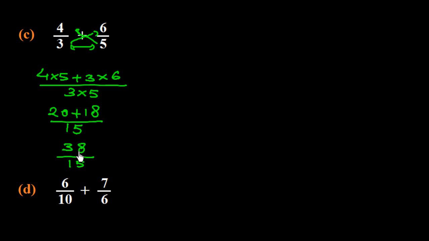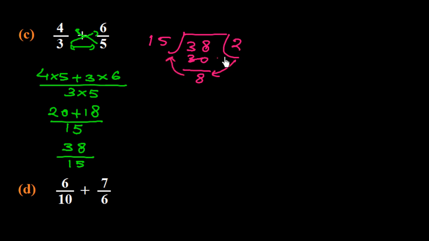In both 38 and 15 there is no common factor, so we divide 38 by 15. 15 2 times 30, the remainder is 8. So we get 2 and 8 over 15. So this would be the answer of this addition of fractions.